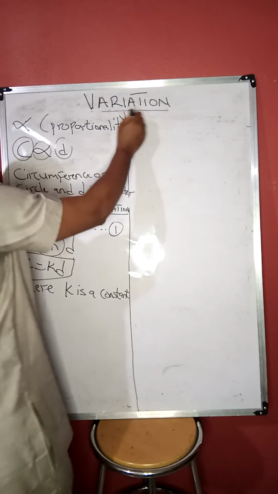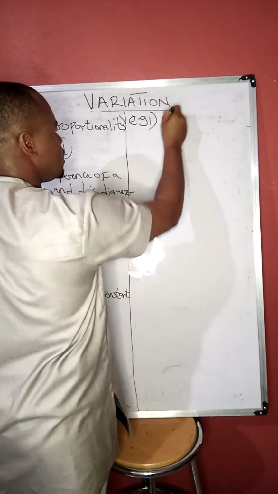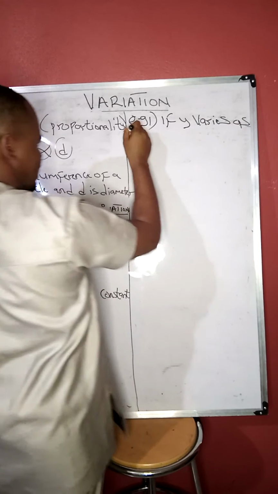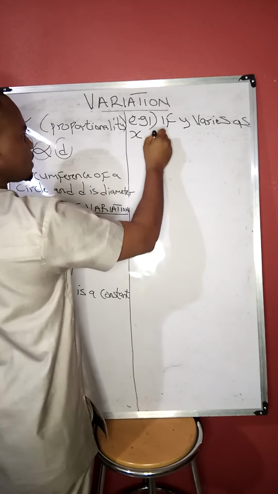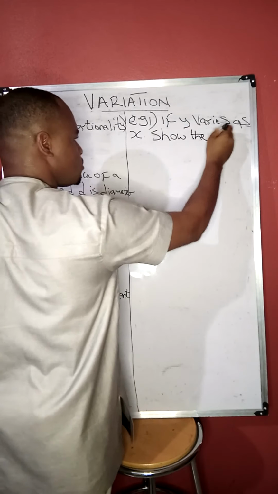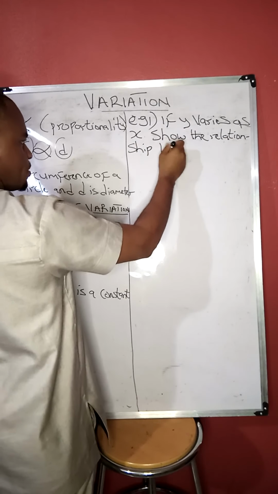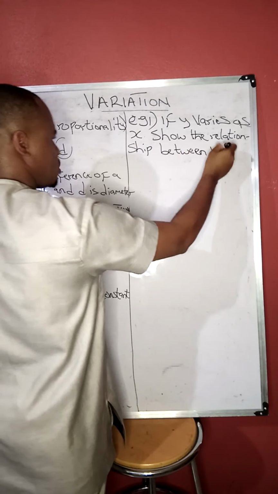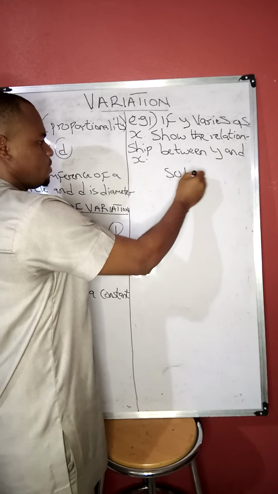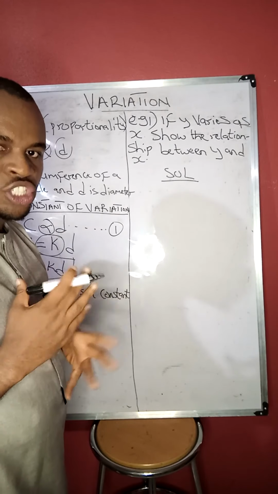Now, we'll take an example. Example 1. If Y varies as X, show the relationship between Y and X. The question says Y varies as X. When they don't add any other adjective after the variation, just know it is a direct variation.